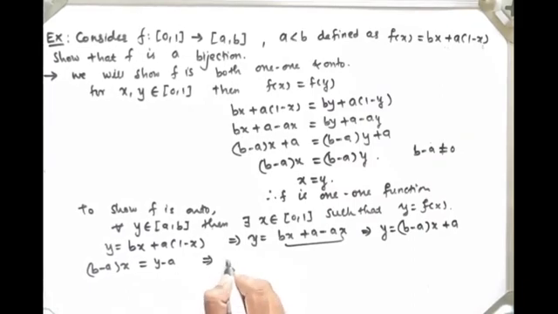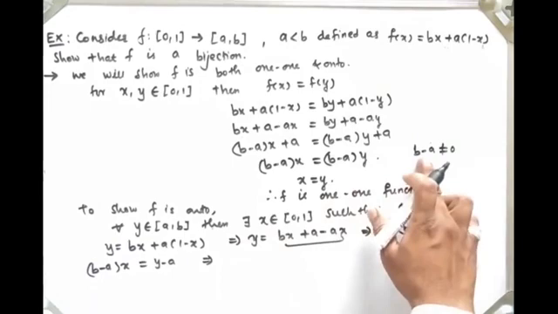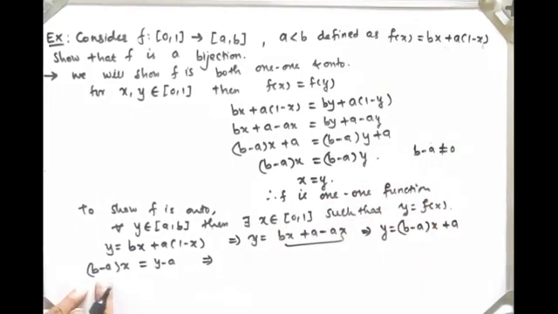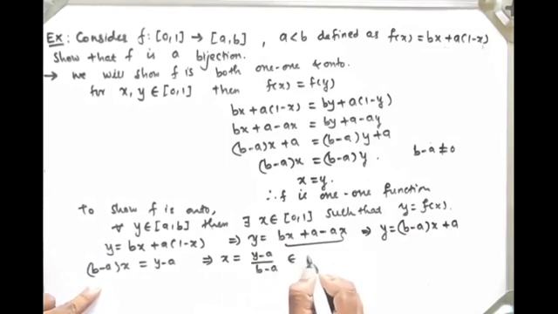Here b minus a is non-zero, as we have seen, so we divide both sides by b minus a. So I get x is equal to (y minus a) upon (b minus a), which belongs to the closed interval [0, 1]. Therefore, we say that the function is onto.